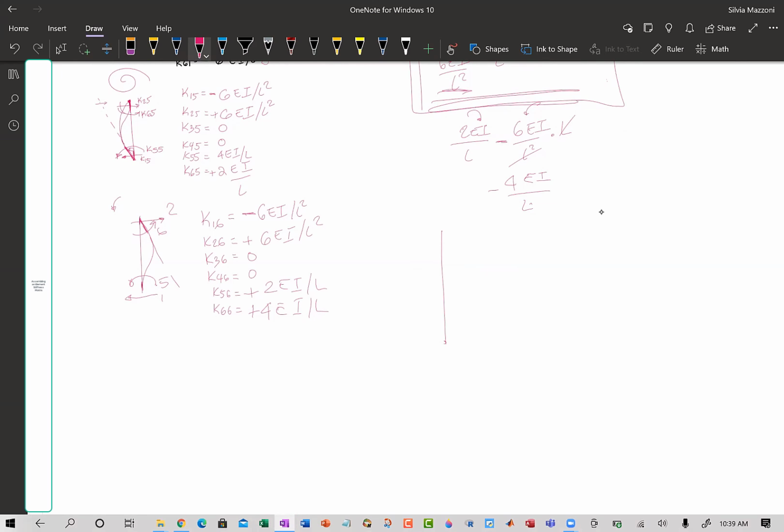So now what we're going to do is I'm just going to resketch it here. 1, 2, 3. So it's 1, 2, 3, 4, 5, and 6. Okay. So let's take degree of freedom 3 and move it by 1.